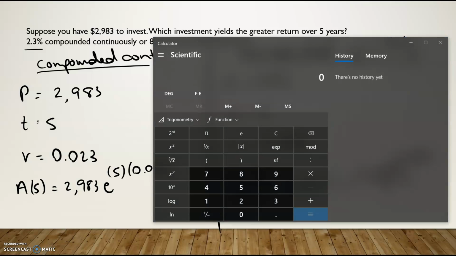Okay, I'm going to look at the compounded continuously first, so I'm going to have my e raised to, and let me clear everything out.